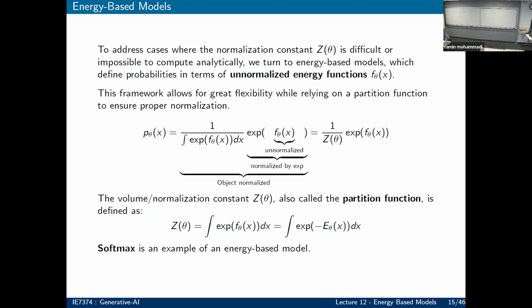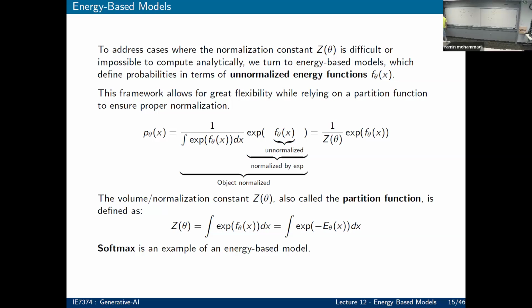Now, the idea will be that we are going to change our function. We're going to introduce some new form. So if you have this function f theta x, in an energy-based model, the first thing you need to do is bring an exponential around the function, then divide this by z of theta, which is the same normalization factor, but the z of theta becomes this with respect to the exponential of the function, not the function itself, right?